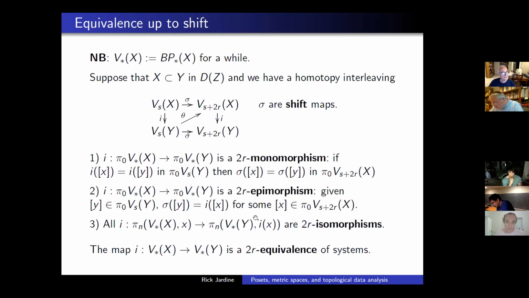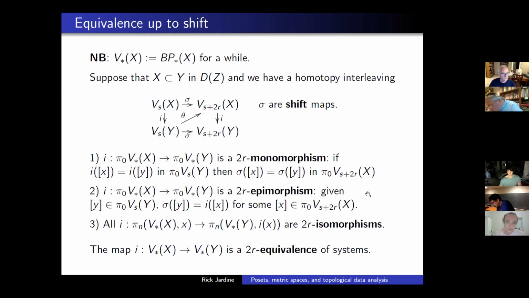All right. And you can play games with higher homotopy groups as well. And you see that in homotopy groups, all the induced maps from nth homotopy groups that you see for the various Vs of X to nth homotopy groups corresponding to the various Vs of Y, those are 2R isomorphisms as well, because the diagram homotopy commutes, but homotopy commutes in a nice way, which makes that easier to prove.